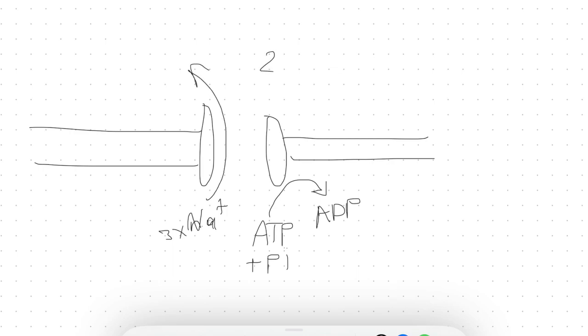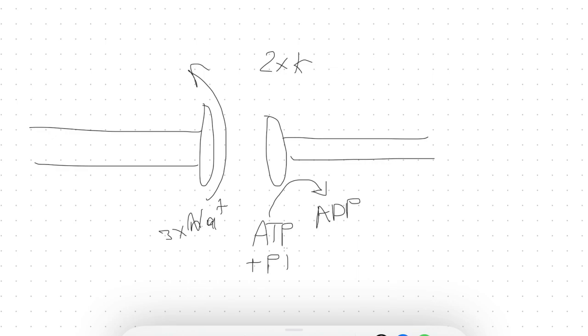The resting membrane potential is primarily established and maintained by selective permeability of the cell membrane to ions, especially potassium and sodium, and the activity of ion channels and pumps. One of the pumps that is commonly talked about is the sodium-potassium ATPase pump.